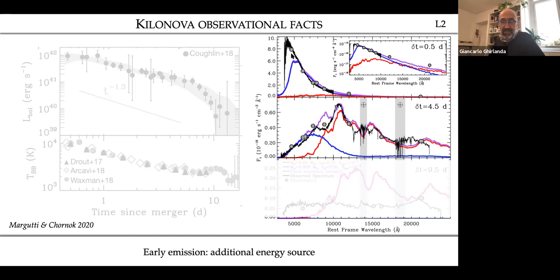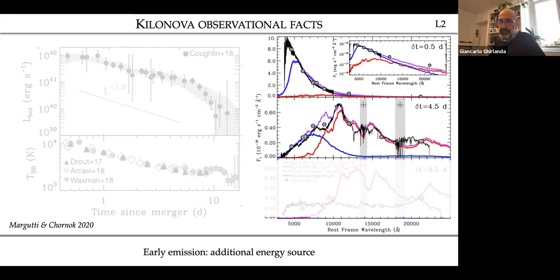And this is an interesting point because, of course, this is the very early observation, the earliest observations we have for this event, but it's something which I think will hopefully be systematically explored in some future events.